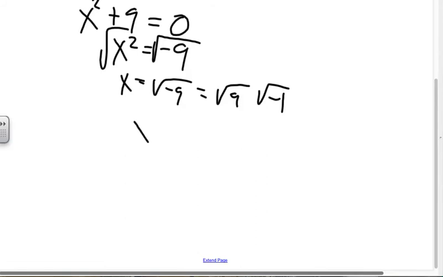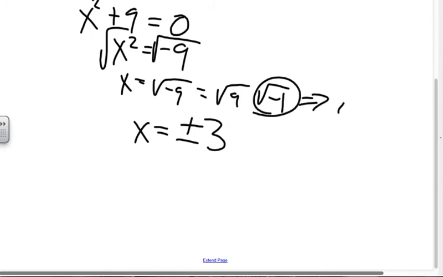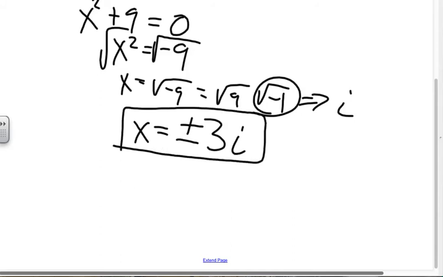So x is going to equal the square root of 9. It's going to be plus and minus. You have to do both of them. Remember, it's a conjugate pair of 3, and you should recognize the square root of negative 1 as being i. So there are my two complex roots. Notice these are purely imaginary. I have no real component to this at all.